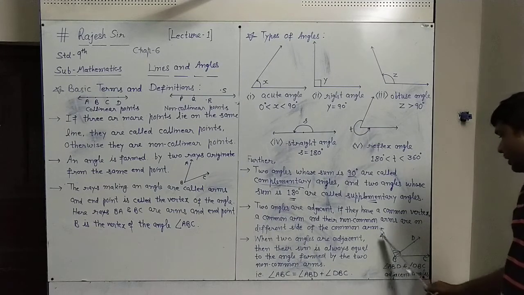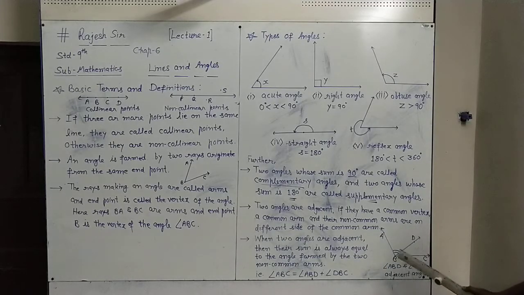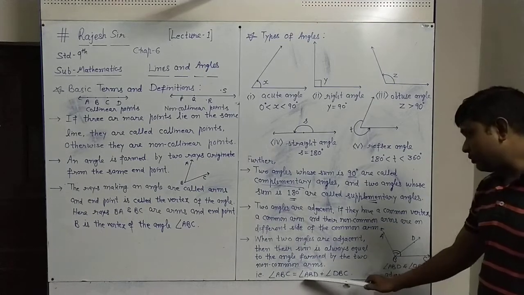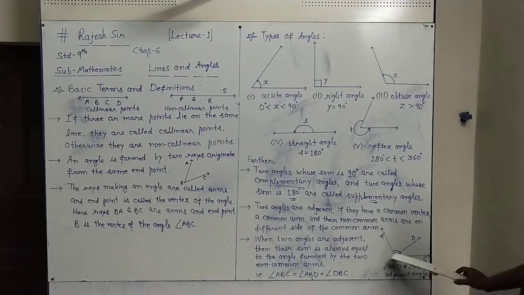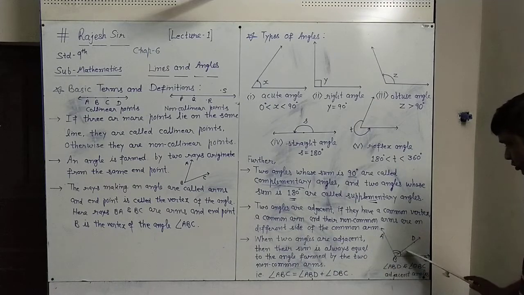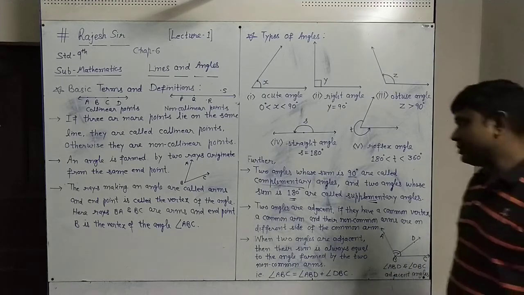That is, angle ABC, the angle made by the non-common arms, equals the sum of the adjacent angles ABD plus DBC. You can see that this angle and this angle sum will give ABC. This angle ABD is one part, and DBC the other part. If you add these two parts, it will give ABC, the whole angle. That way also you can understand.